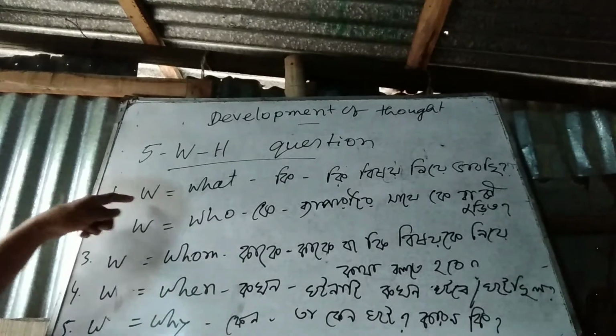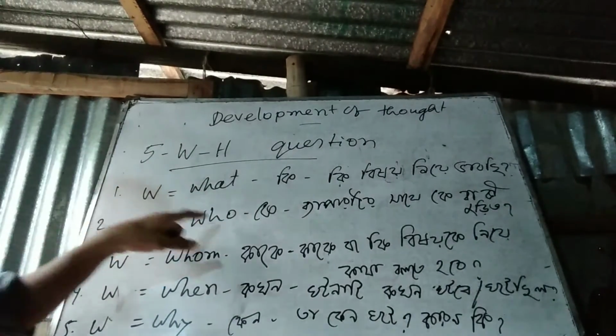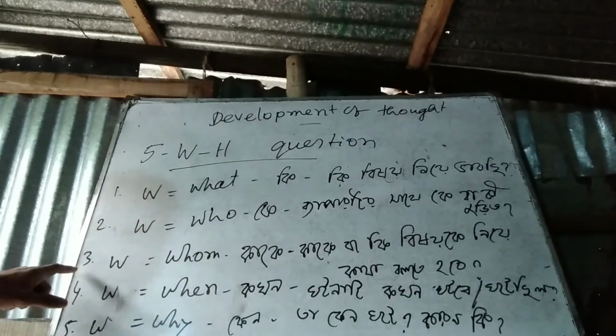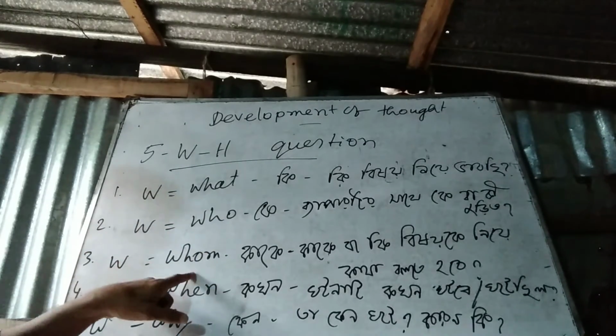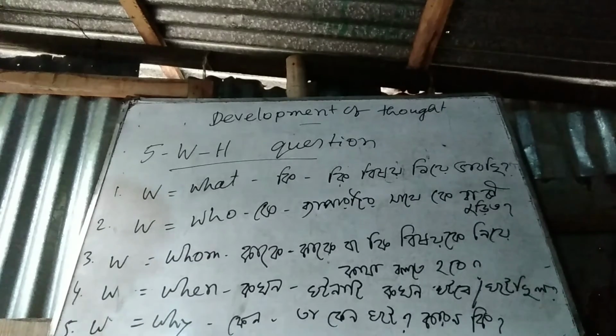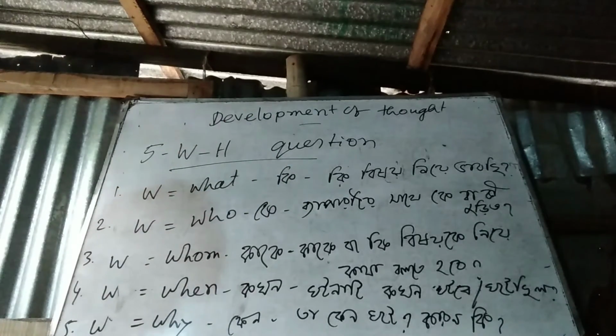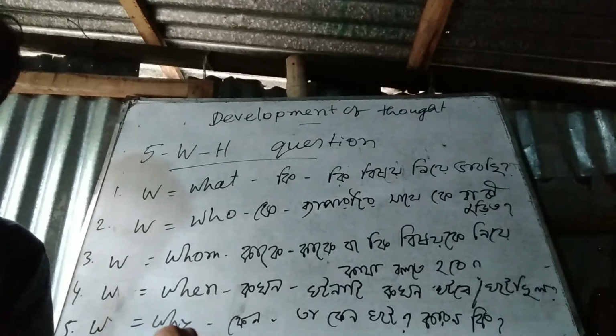So look, first W means what, then W means who, number 3 W whom, number 4 when, and number 5 why. So you have to write it, and you have to think about it. We'll discuss it.